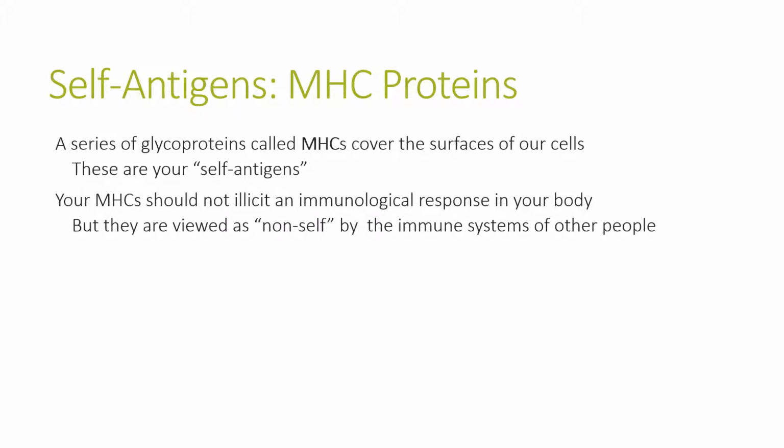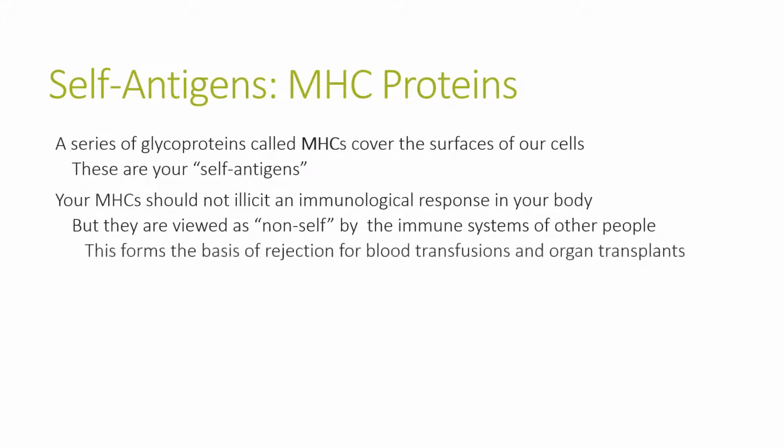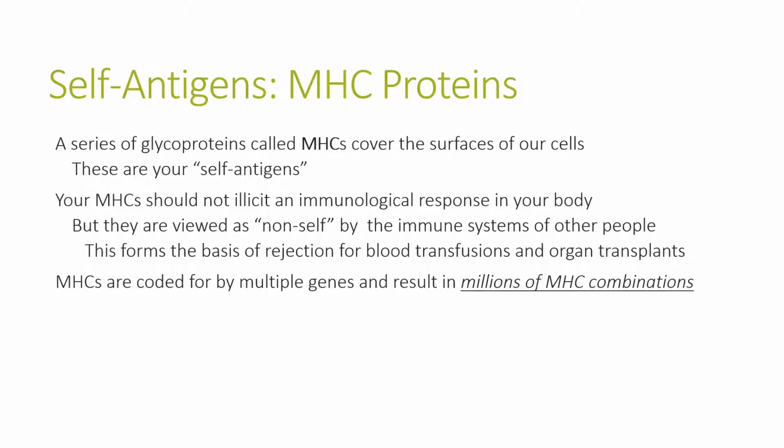But because your cells are covered in these MHC kinds of antigens, they would be viewed as non-self by the immune system of other people. This is what forms the basis for the rejection of blood transfusions and organ transplants. That is, a mismatch of these antigenic determinants. Those that your cells should be producing on their own are different than those produced by other people.